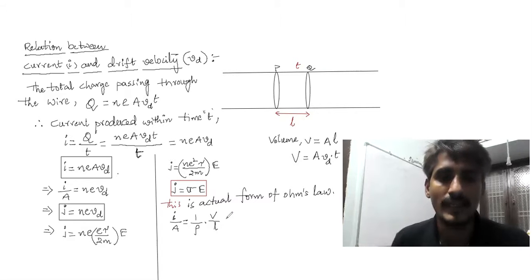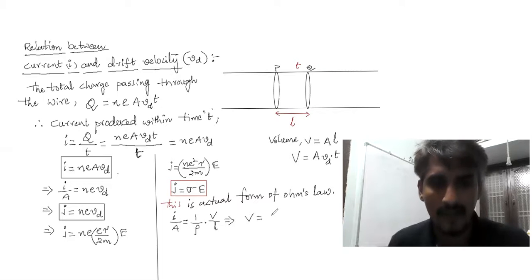So therefore, we can write V is equal to rho L by A into I.